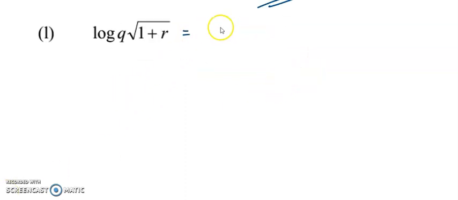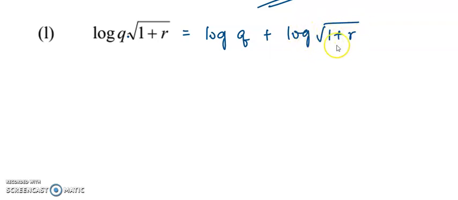Alright, for this question, I'm going to split them between the q multiplied by the square root of 1 plus r, so split these two: log q plus log square root of 1 plus r. Then I'm going to convert this square root into the power of 1 over 2.